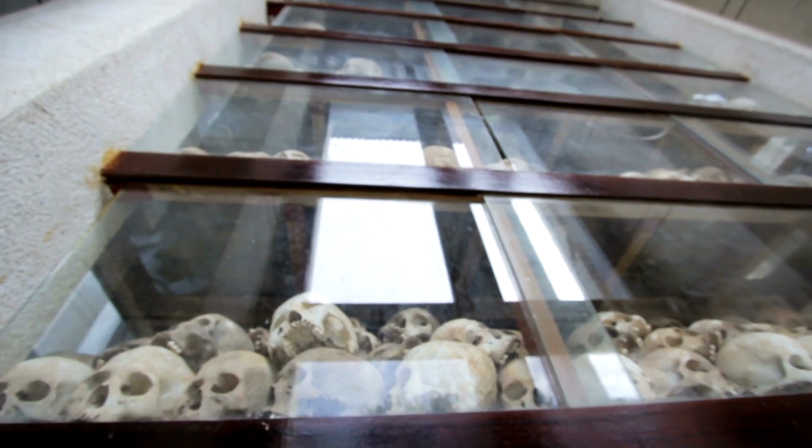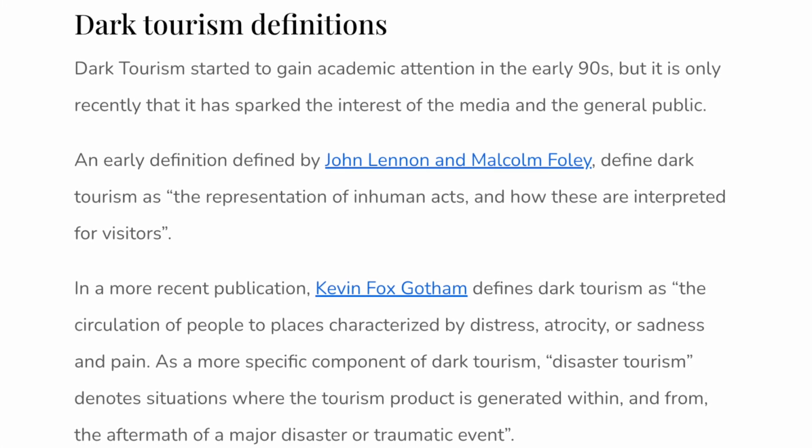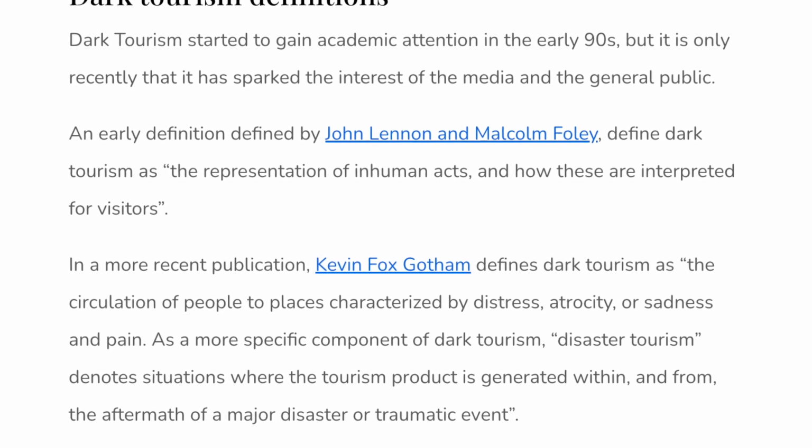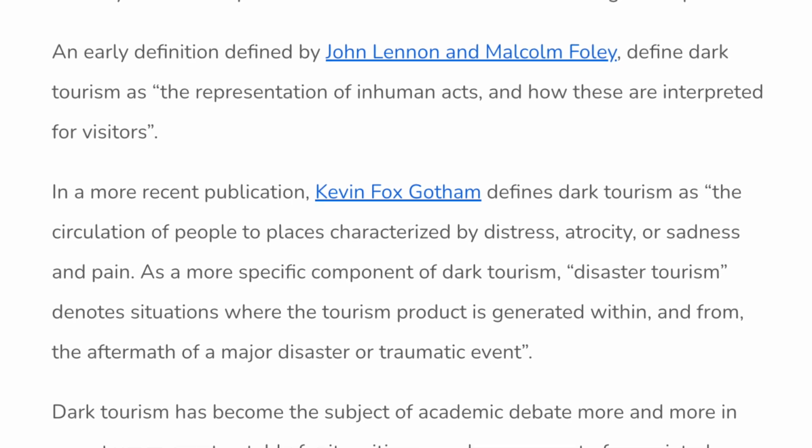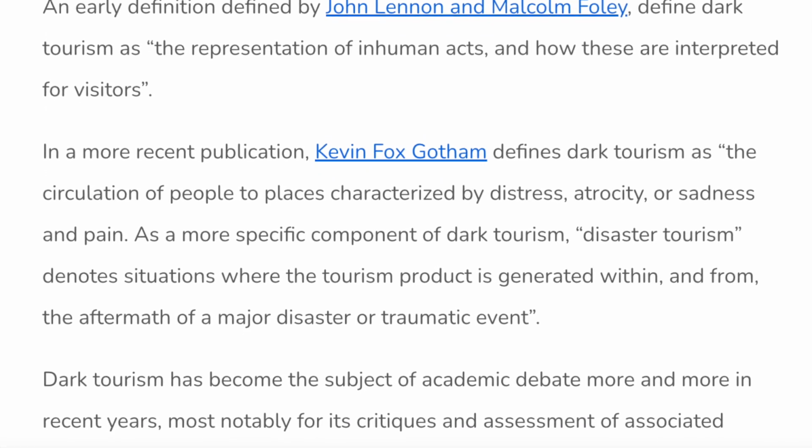So let's say, for example, I am analysing the ethics of dark tourism. So is dark tourism, visiting sites that are associated with death and sadness, is it right or is it wrong? And if I am doing that, I would probably start off my work by providing a definition of dark tourism. If I want to get those higher grades, I will not only give one definition, but if there are a few, I will give a few.